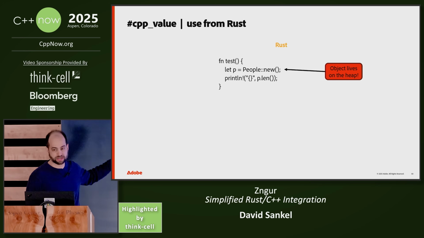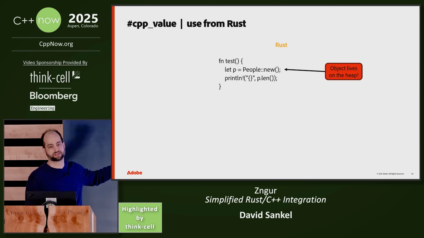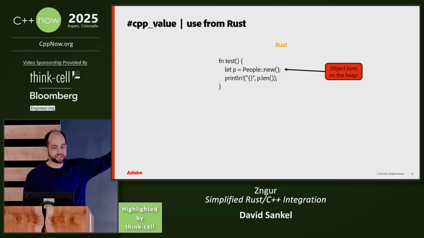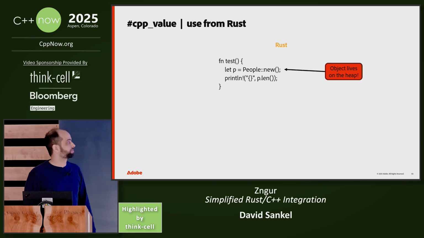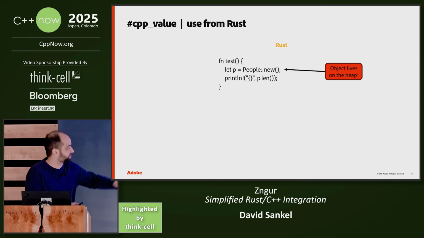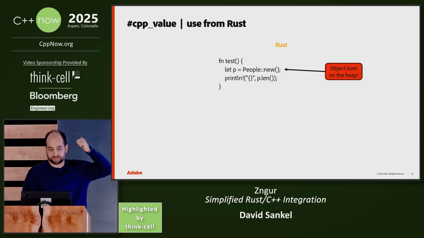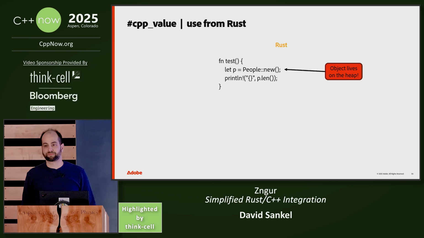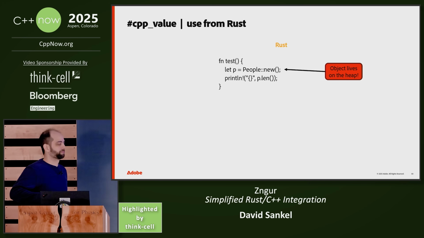It's not actually living on the Rust stack. So when you're calling functions with p and all that kind of thing, it's doing the memcopy moves of that, not the C++ object, which is underneath. Does that make sense? It's a bit complicated. It's a box. It's moving the pointer around.